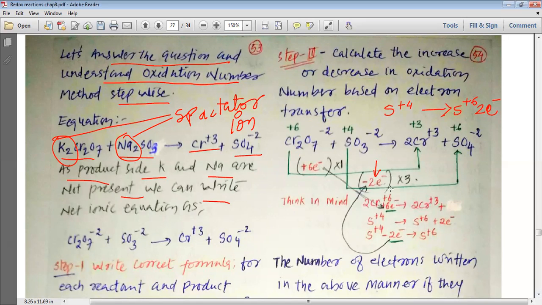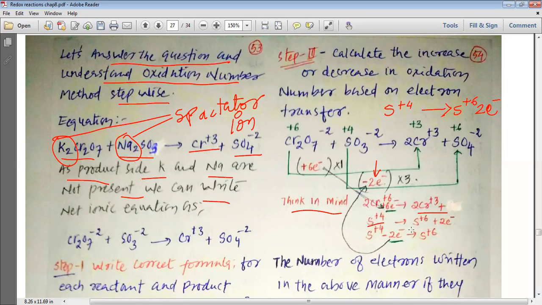Now we need to take the LCM of both these numbers and then multiply. Here we can see whatever I have written, I have shown you once again. This is what you need to think in your mind: 2 Cr +6 gets 6 electrons to give 2 Cr +3. This 6 electrons I have written here.